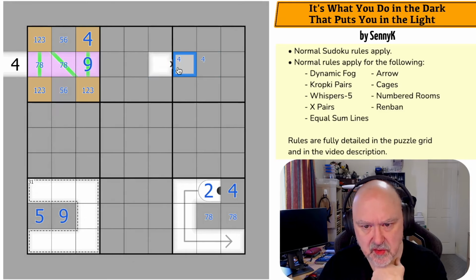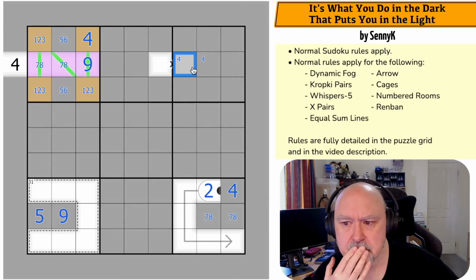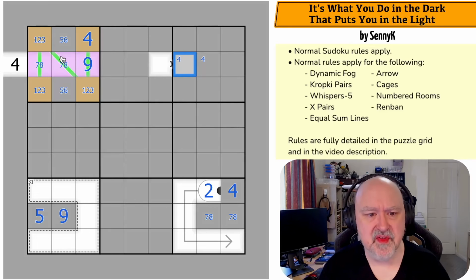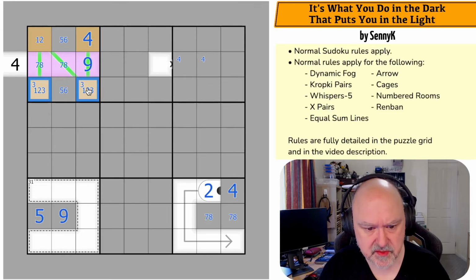This X was the only thing revealed. One of these has to be a 7. One of those two has to be a 7. So that can't be a 3, or both of those would have to be an 8. So 3 is in one of those two.